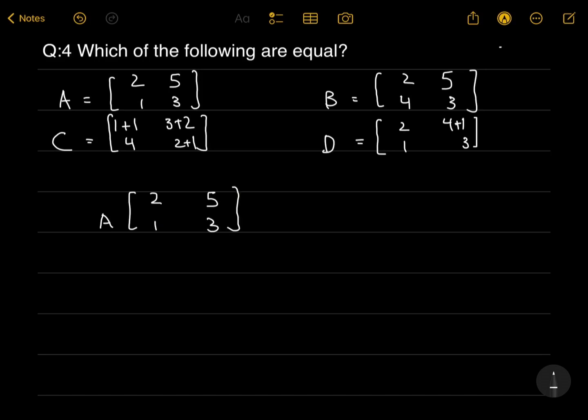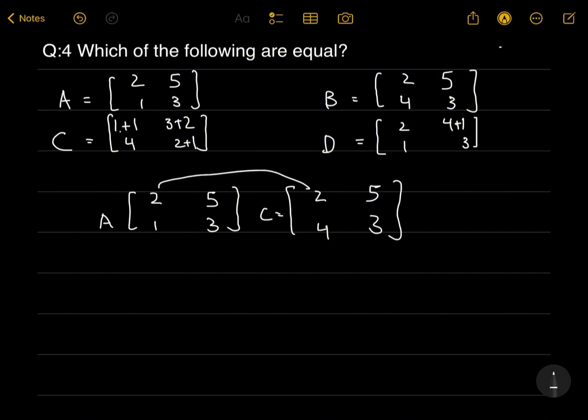If we put matrix C on top of this, first let's solve it: 1 plus 1 is 2, then 3 plus 2 is 5, this is 4, and 2 plus 1 is 3.